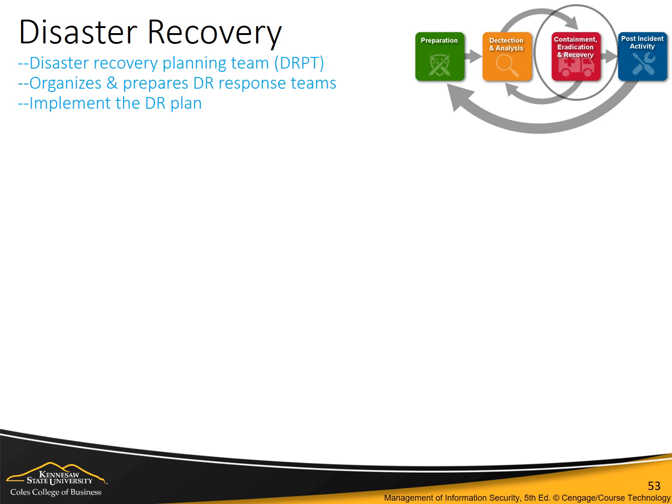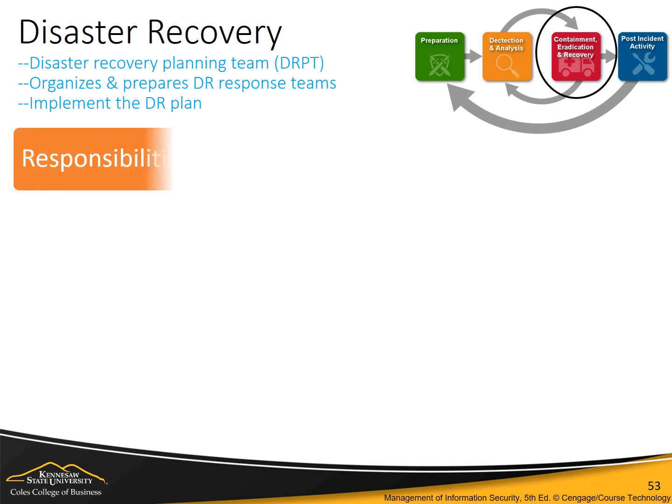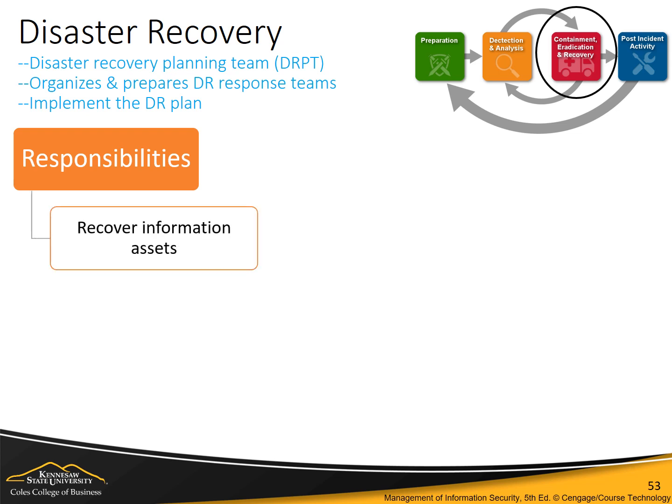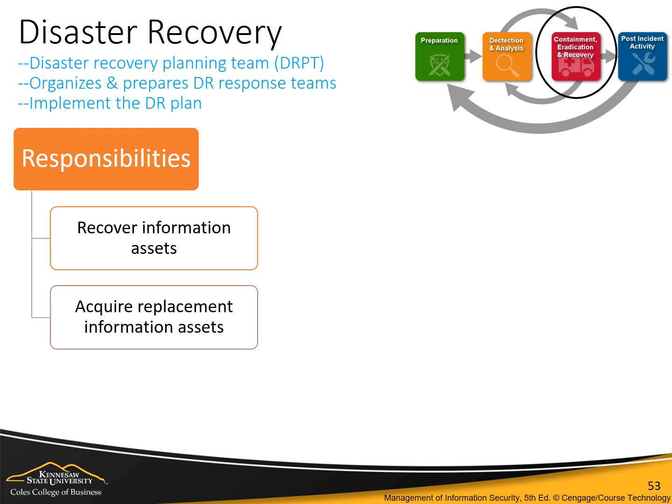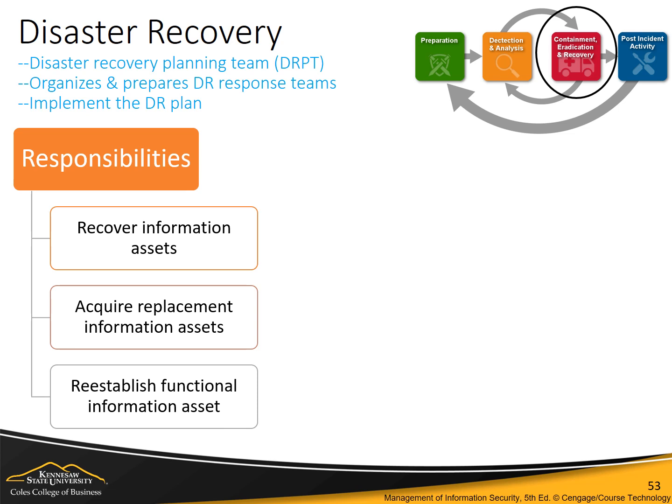These teams may have multiple responsibilities in the recovery of the primary site and the reestablishment of operations: recover information assets that are salvageable from the primary facility after the disaster, purchase or otherwise acquire replacement information assets from appropriate sources, and reestablish functional information assets at the primary site if possible, or at a new primary site if necessary.